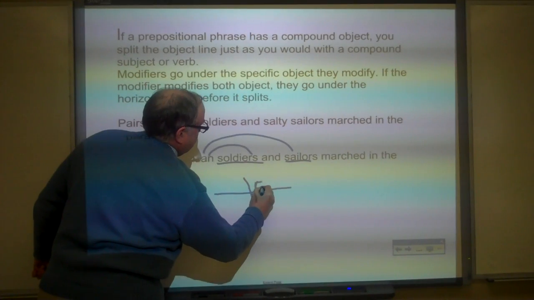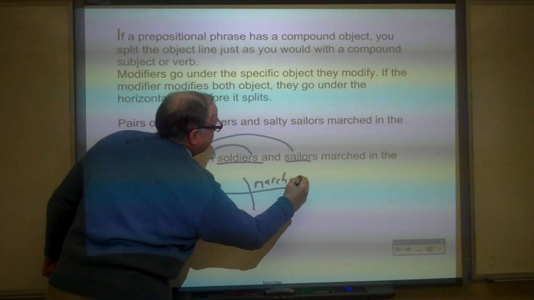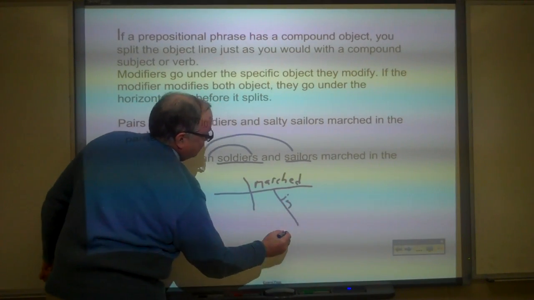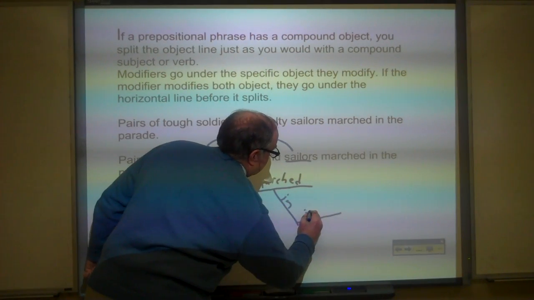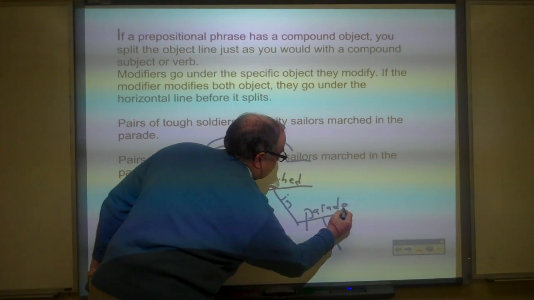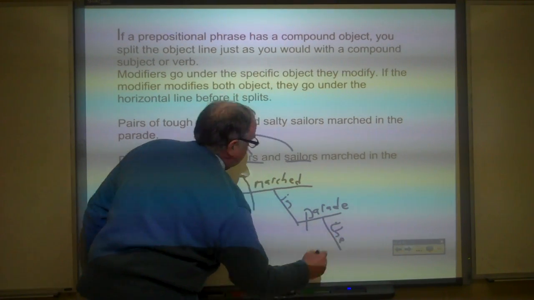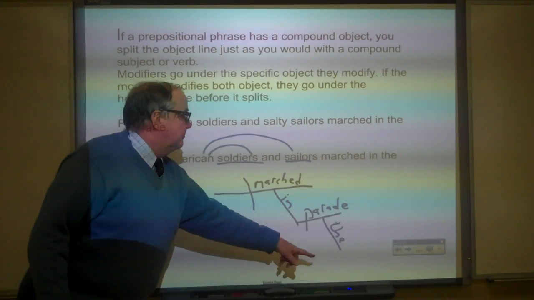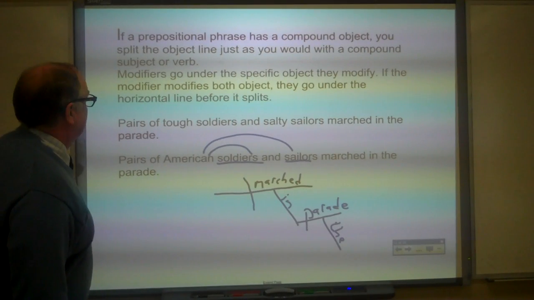So in this case, the predicate is exactly the same as the previous one. Marched in the parade: preposition, object of preposition, modifier of the object.